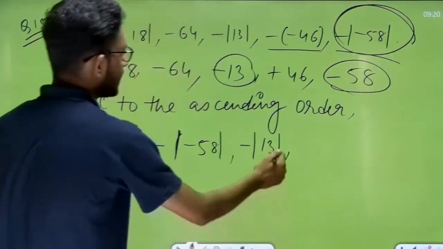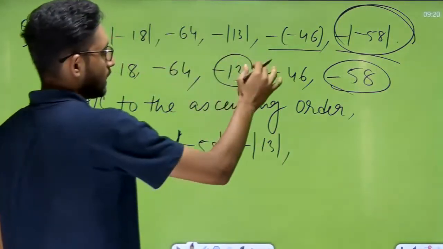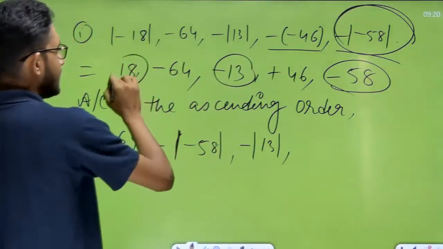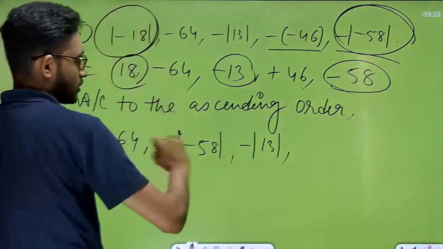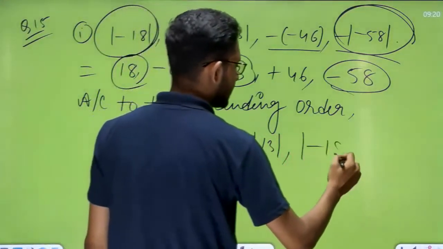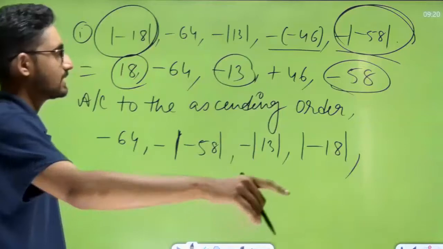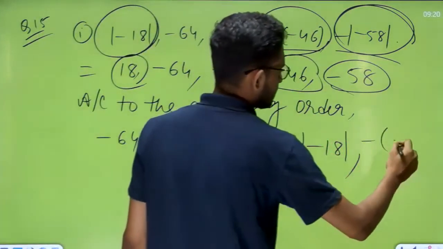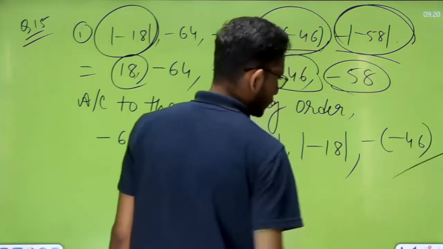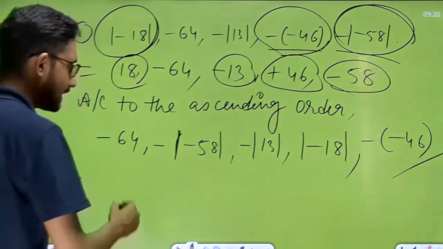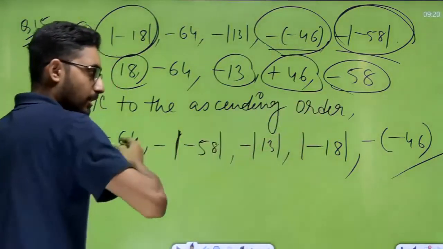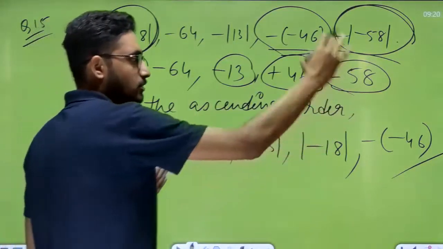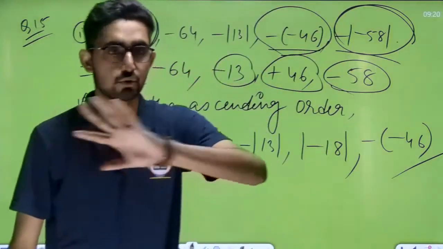Now 18 is there. Yes. Mod minus ka 18. And at last, this is remaining 46. So write down this one minus 46. So that is your complete answer. We can say this one is increasing order. Increase होते जा रहा है. Okay, understood all of you?